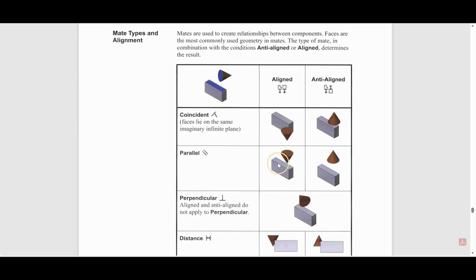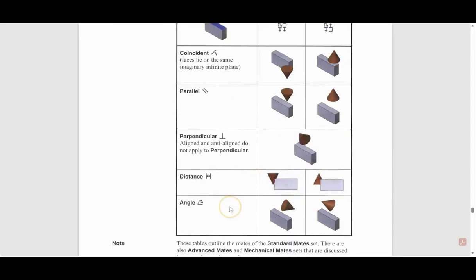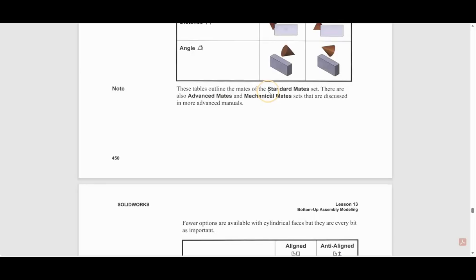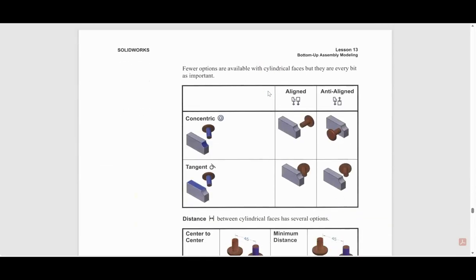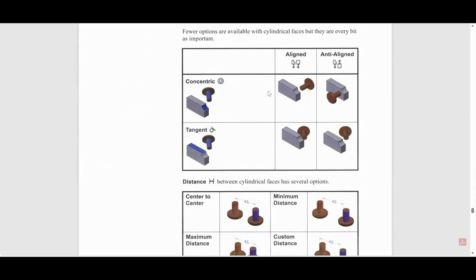Same with parallel. The faces are in the same direction, they're parallel to one another, they're not on the same plane. Same with anti-aligned. And we can go through each one here, and you can see that with these constraints, after we've selected our mating surfaces, it gives us a lot more control over the part and how we're going to align it.